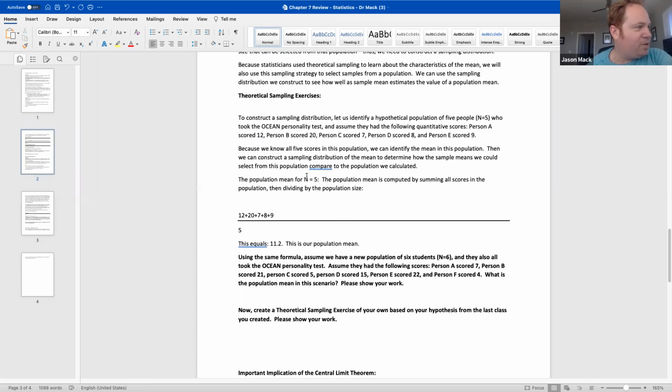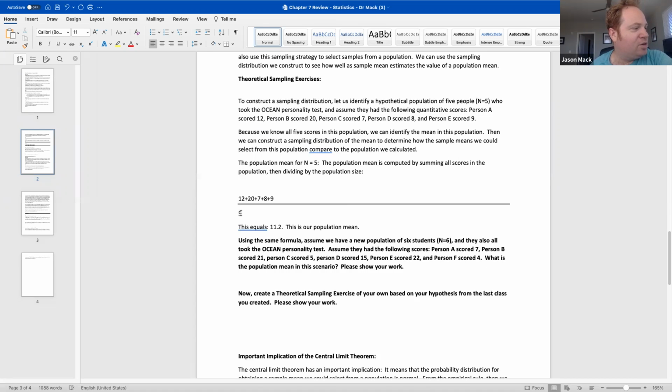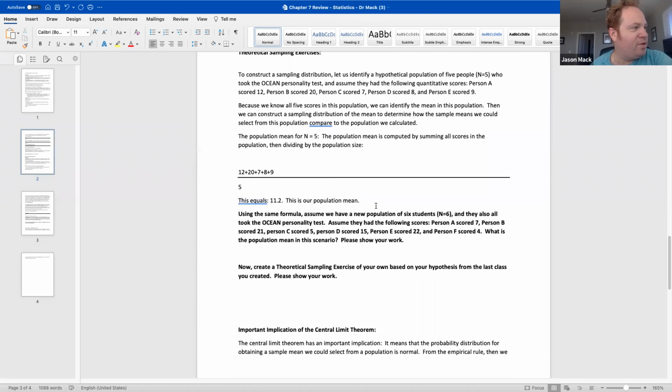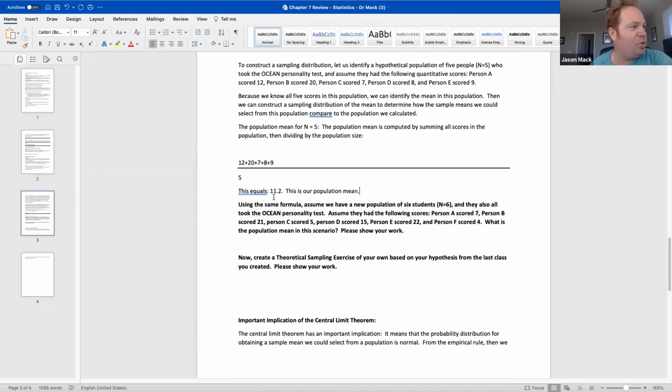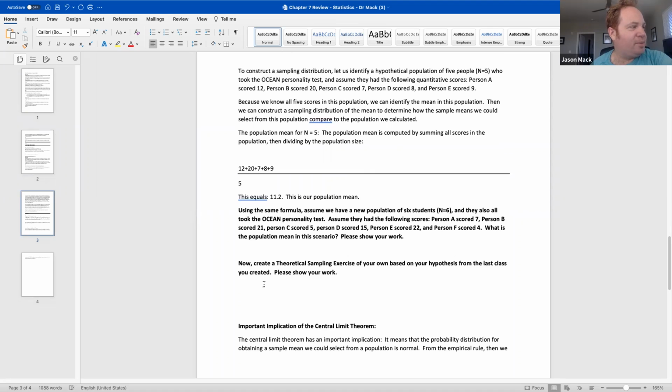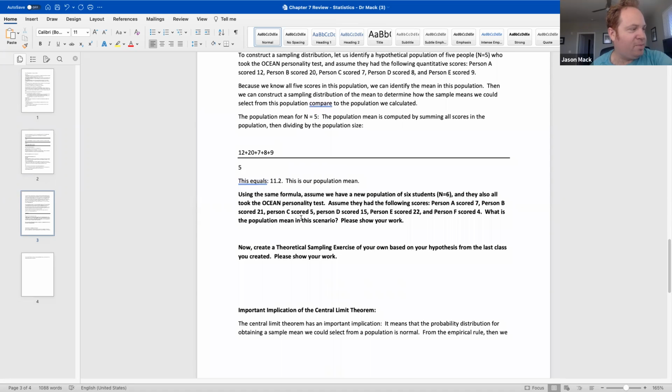The population mean is computed by summing all the scores in the population, then dividing by the population size. So 12 plus 20 plus 7 plus 8 plus 9 divided by 5 equals 11.2, which is our population mean. Then I ask you to do the same thing with the next scenario, and then create a theoretical sampling exercise of your own. We're just trying to calculate the mean here.